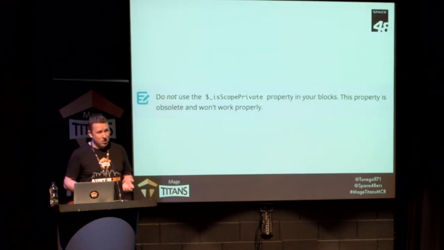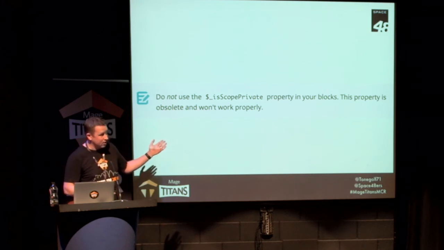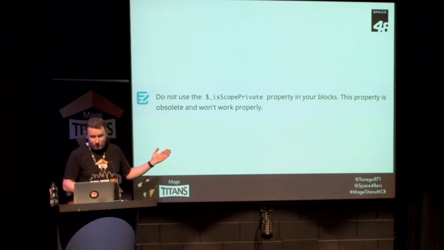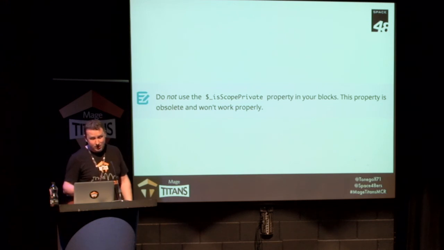Because best practice evolves. This is in the documentation around how to use the caching. And it mentions is scope private as a property you can set against blocks, and how it's not recommended to be used anymore. So you need to stay up to speed with what these things are.